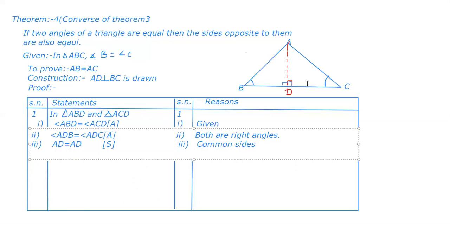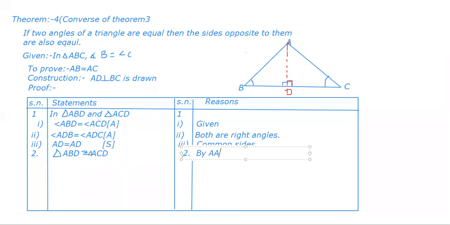So by AAS axiom we can write triangle ABD is congruent to triangle ACD. By which axiom? By AAS axiom.